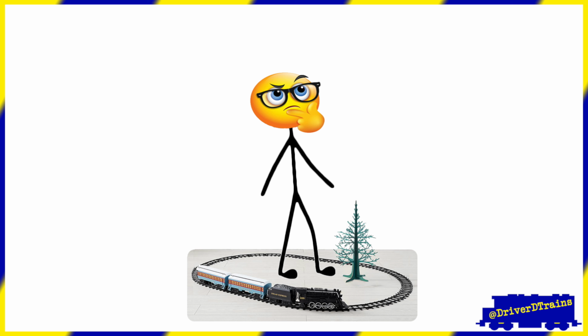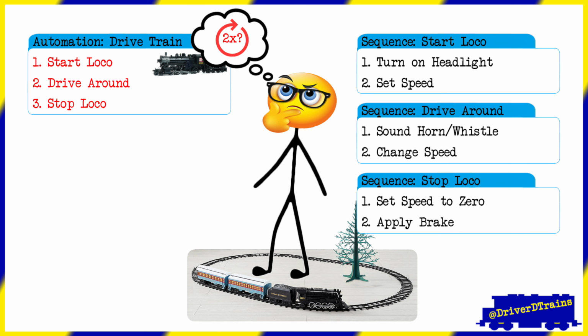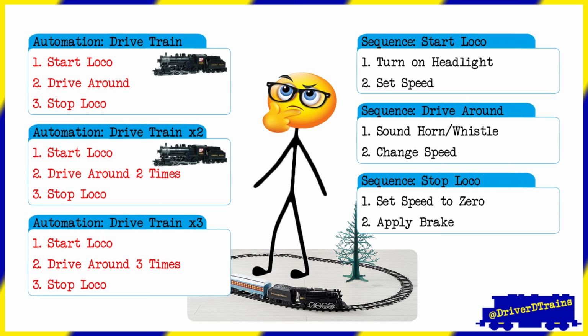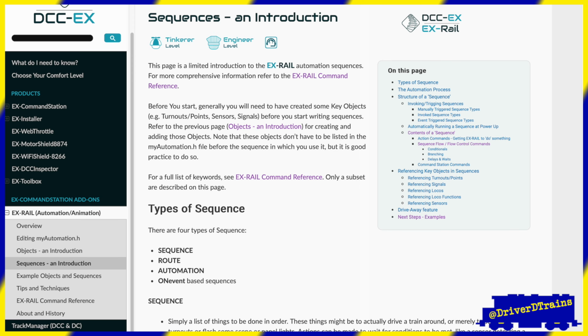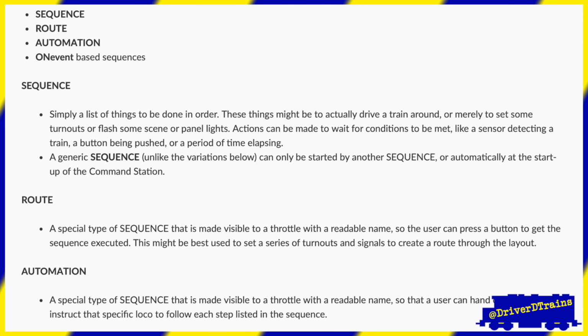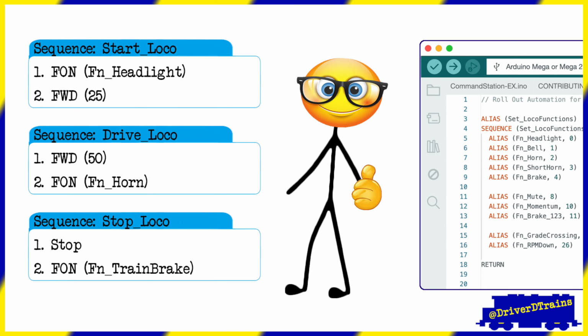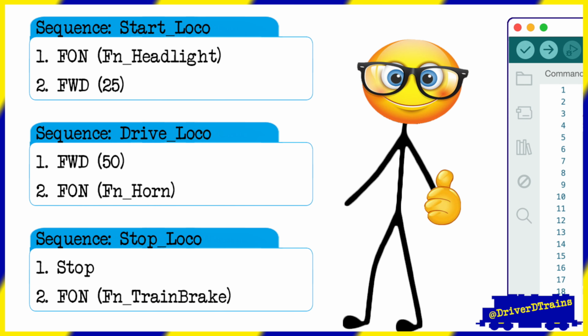It is also similar to the example from my last video, where we looked at creating 3 slightly different versions of an automation to drive a train around the layout 1, 2, or 3 times. As with that example, we will use EX-Rail sequences to help us plan and create our automations. Again, EX-Rail sequences are groups of related commands and functions that perform a specific task.